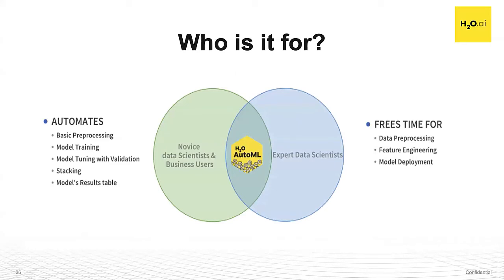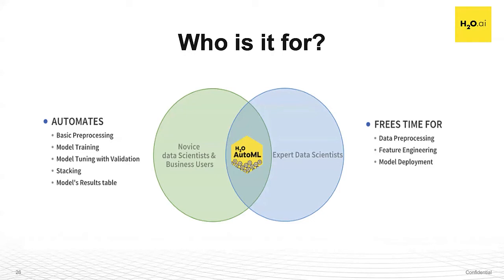Automated machine learning is useful for two sets of people. For novice data scientists and business users who have a lot of domain experience but little experience with traditional machine learning. And it is equally useful for expert data scientists too. Now, how?